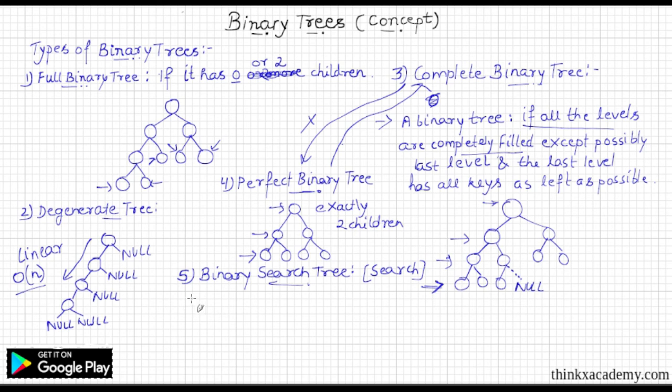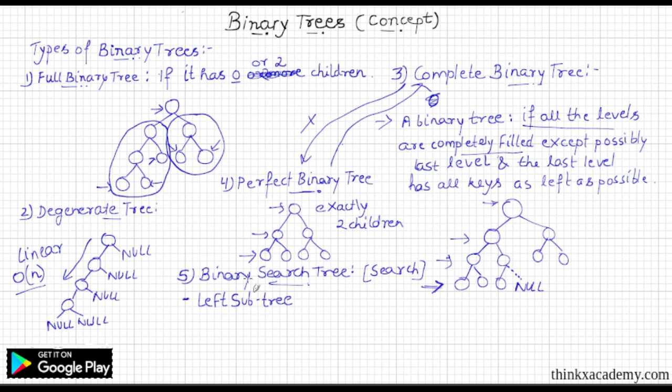So the first rule is that the left subtree. You can see that if this is a node, for this node the left subtree will be all the elements that are on its left side, and the right subtree is this one.